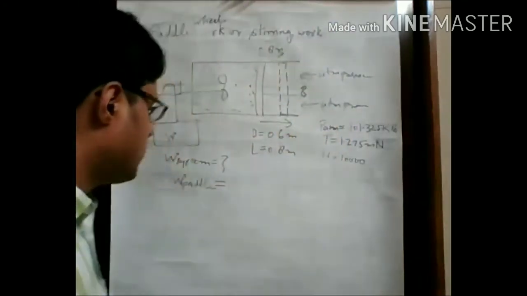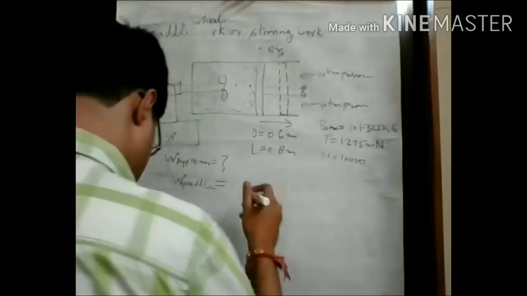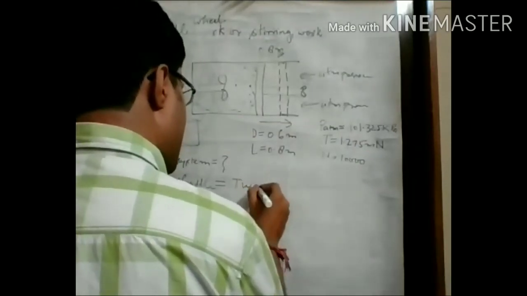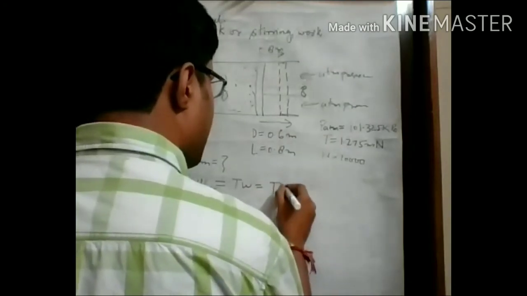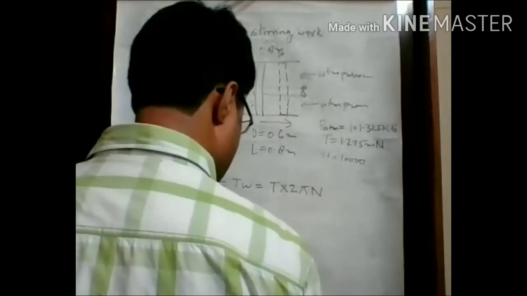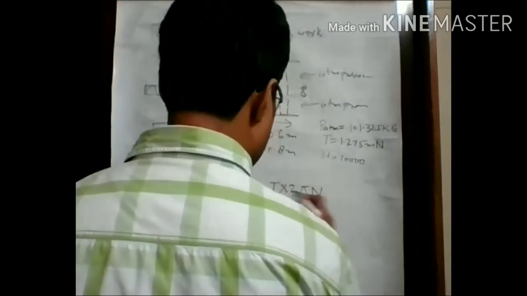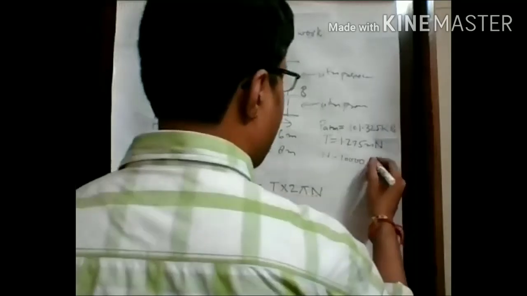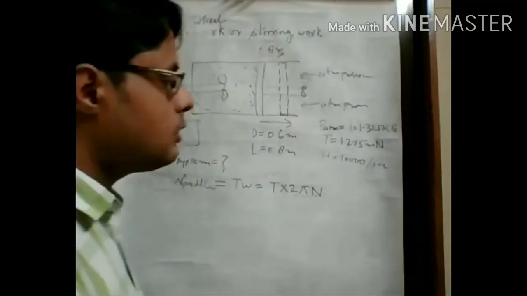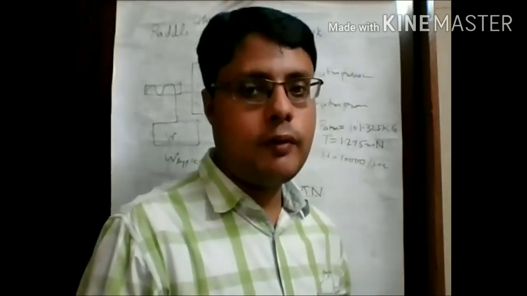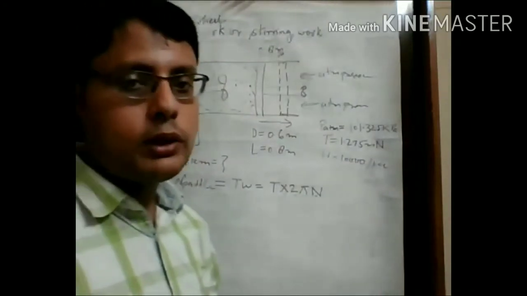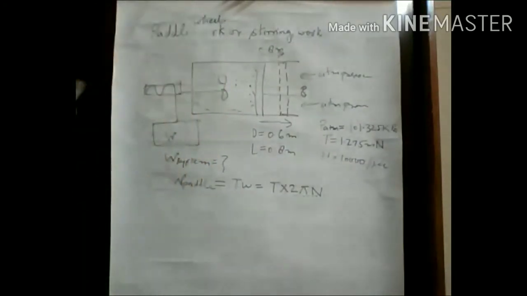So the expression is T omega, or you can write T multiplied by 2 pi n, which is equal to omega. Here n is given per second. That's why there is no need to divide this term by 60. Here 10,000 is given as revolutions per second.